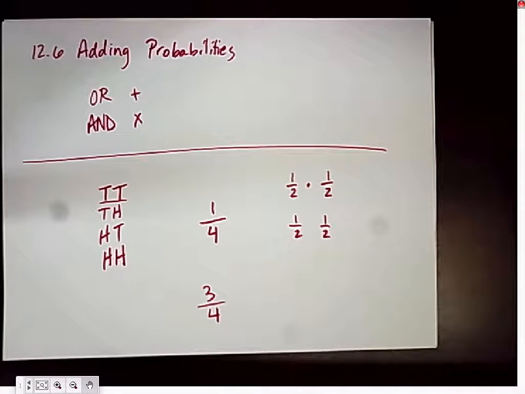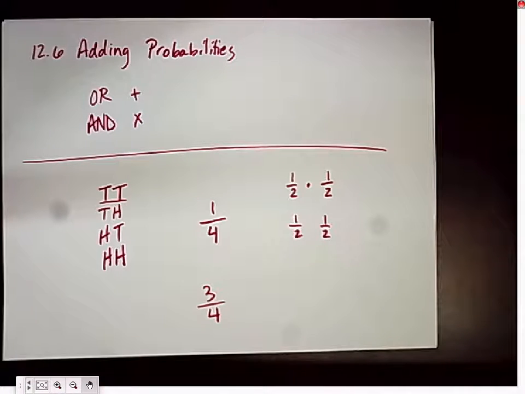What would be wrong if I took everybody's name that was a female, added everybody's name who's in the 10th grade, and divided that by the total number of students? Why would that not work? Because some people got counted twice. Who got counted? The people that were in both groups, right? Okay. So here's the thing: or does mean add, except when it's possible that you could have been in both events.